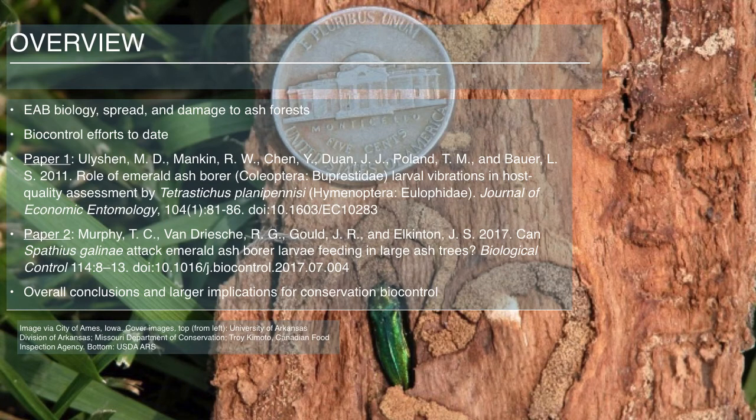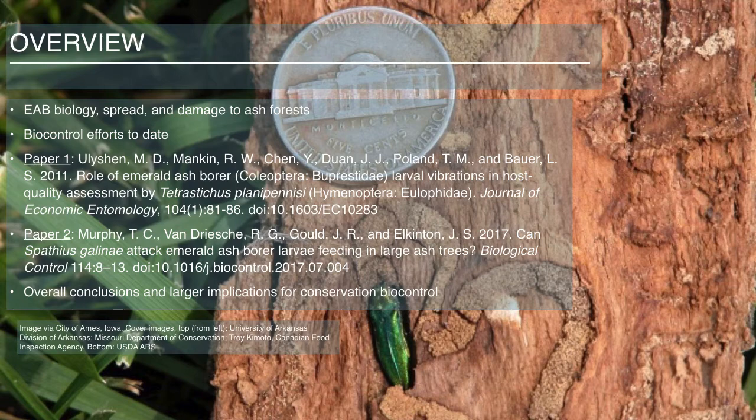So I'll be reviewing a little bit about the ash borer, how it's spread, and the damage that it's caused to ash forest. I'll look at the biocontrol program that's been implemented to date, and then the two papers. The first looks at an important aspect of parasitoid behavior, which is host seeking, and in this case, possible evidence of using larval vibrations.